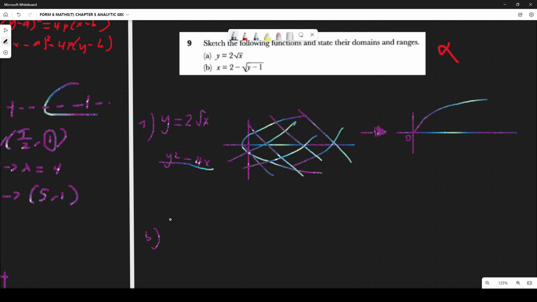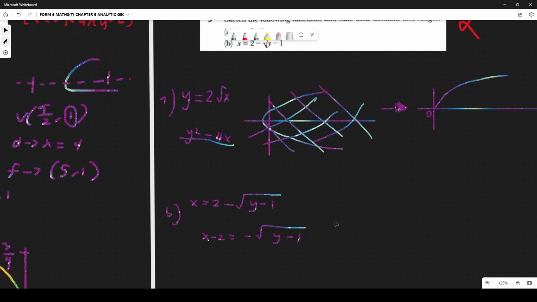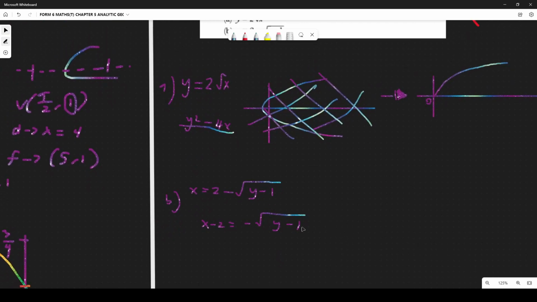Okay, so let's try B. B is x equals 2 minus square root of y minus 1. You can move this around. So x minus 2 equals negative square root of y minus 1. Then you just square both sides.